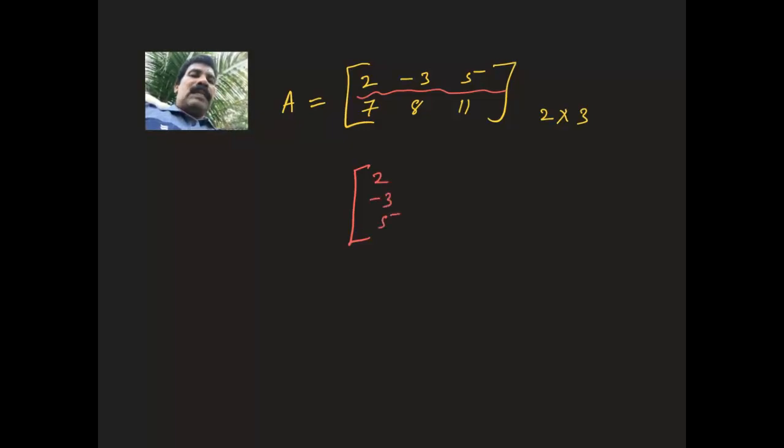Similarly, the second row is 7, 8, 11, and here it will be the second column. So that is 7, 8, 11. And this newly obtained matrix is what is called A dash or A transpose, whose order will be 3 by 2.